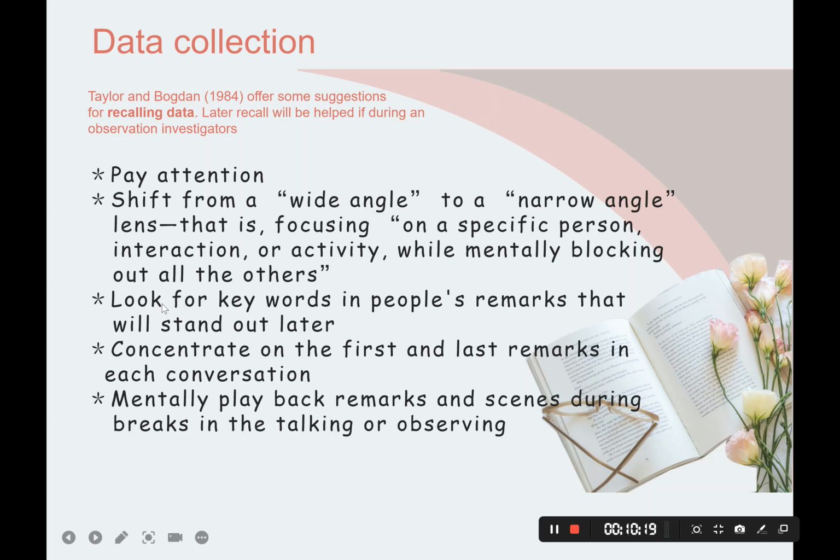Then you should look for keywords in people's remarks that will stand out later. It is better to concentrate on the first and the last remarks in each conversation. And mentally play back remarks and scenes during breaks in the talking or observation.